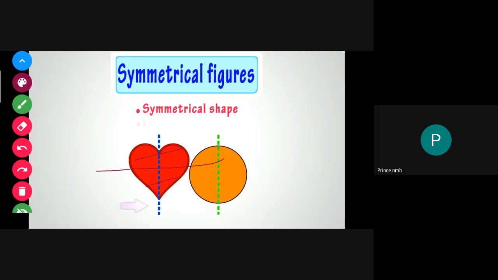Yes, same upside and downside. This is an online lecture, but you can draw practically, and then you can see whether the upside and downside are the same or not. Okay, this is the line of symmetry. This is a circle, so the downside also should be a circle. That is the line of symmetry.